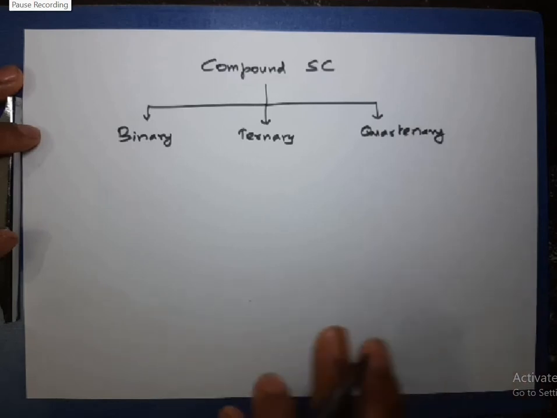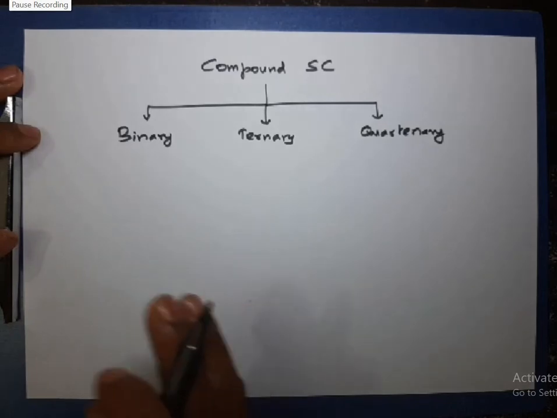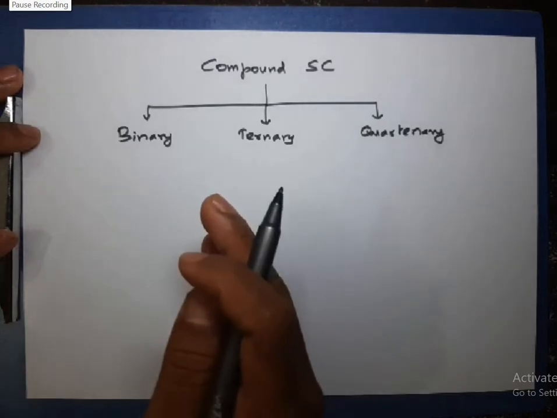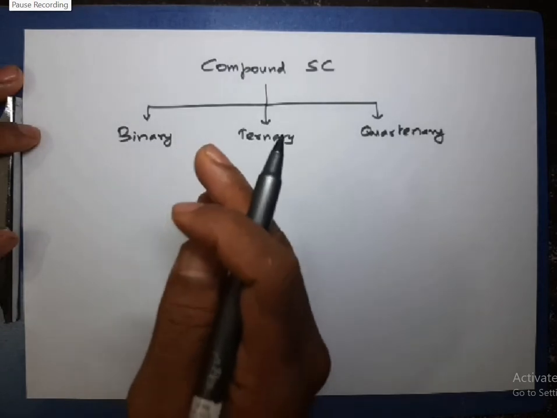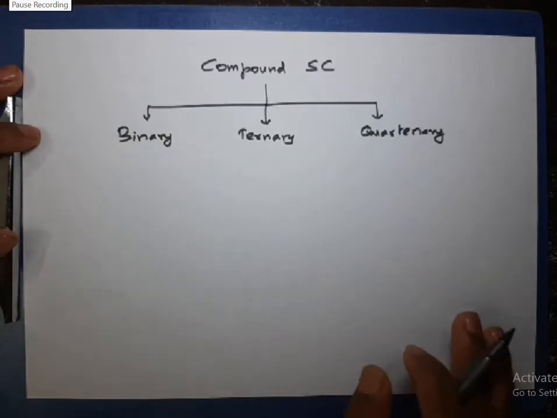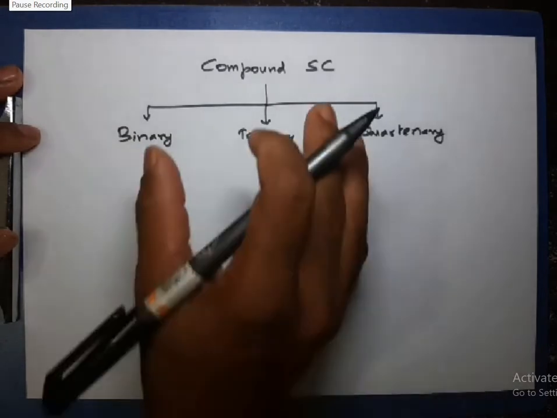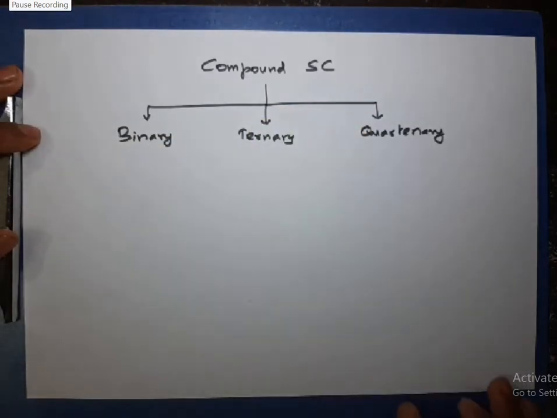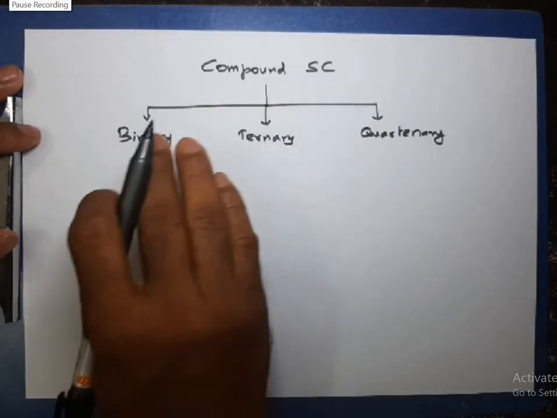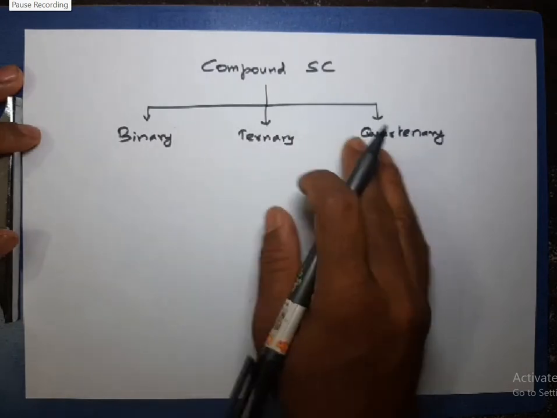Now today, I'm going to calculate the carrier concentrations in the case of an intrinsic semiconductor. But before starting that, let me give some information on compound semiconductors. As I told you, in compound semiconductors we have binary, ternary, quaternary and other mixtures also.